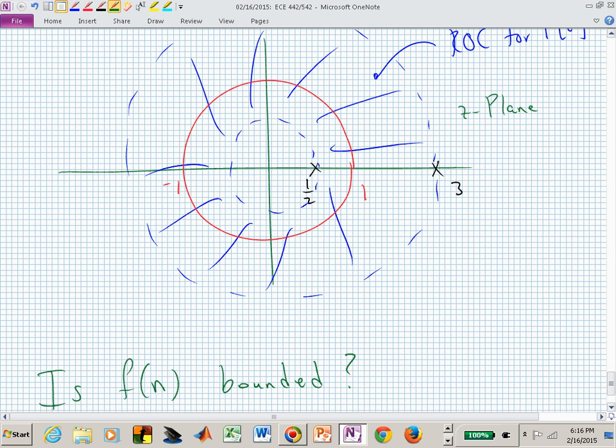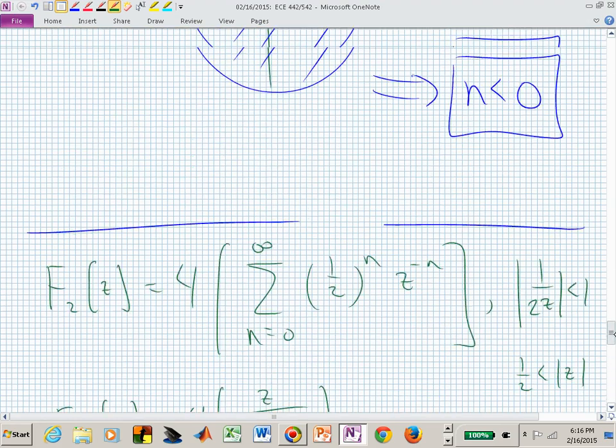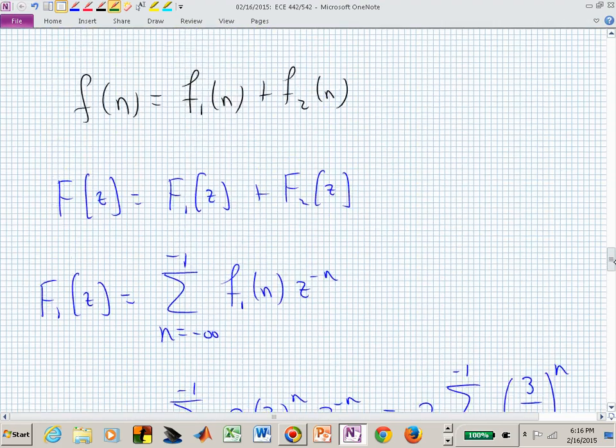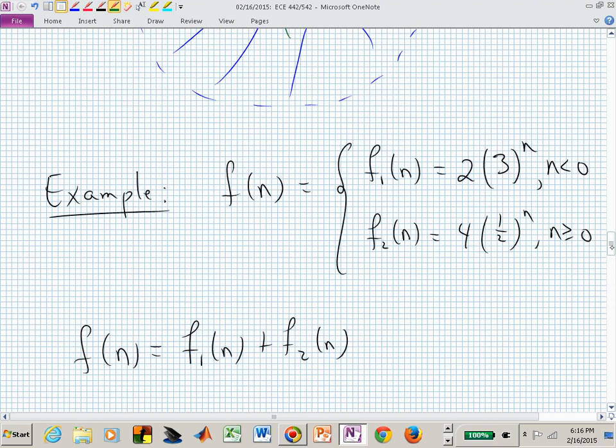Is f of n bounded? And you could even go back to the beginning expressions for f and say for those particular values, what's actually happening to the time sequence little f of n. Do you see what's happening for the anti-causal piece? 1/3, 1/9, etc. That's decaying.